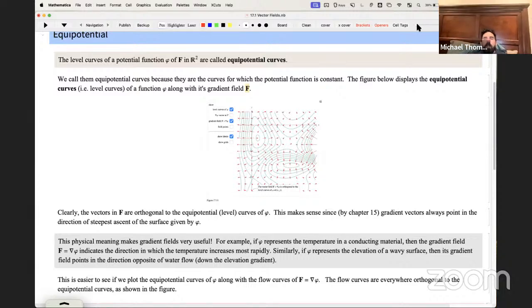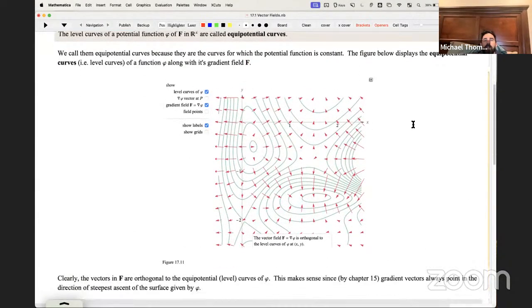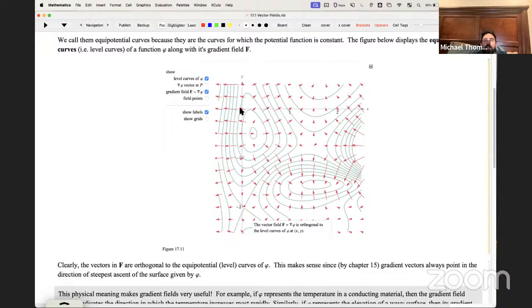But the most important thing I want you to pay attention to here is how all of the vectors in the gradient field are related to the equipotential curves, the level curves. They're always at 90 degrees. And of course, we know that this is because the gradient field consists of gradient vectors, which always point in the direction of steepest ascent. So this makes sense.